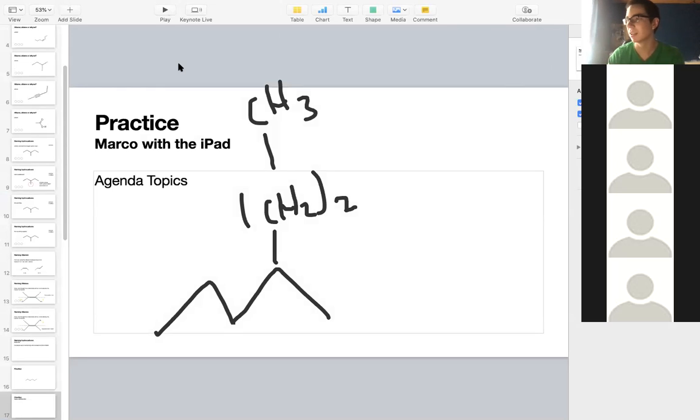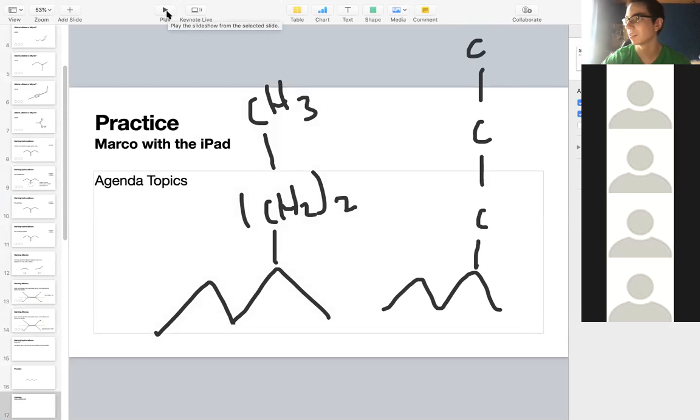All right, cool. So basically what we could do for trying to understand this problem is draw it out. So we got this structure down here connected to a carbon, connected to a second carbon, connected to our terminal methyl group.